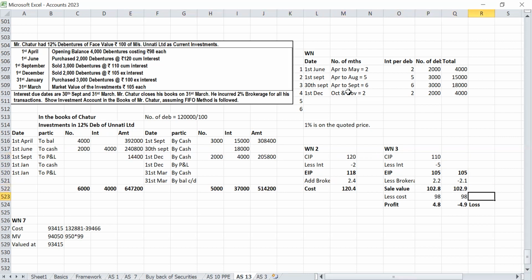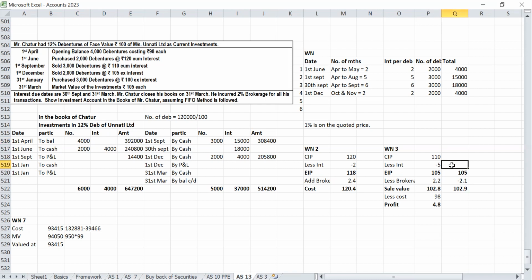Here we have to split this into 2. Correct? By FIFO method, of 3,000 debentures, 2,000 we are going to sell. Opening balance how much? Opening balance is 4,000, sir. In 4,000 we have already sold 3,000 debentures. So balance available in this slot is 1,000 debentures.